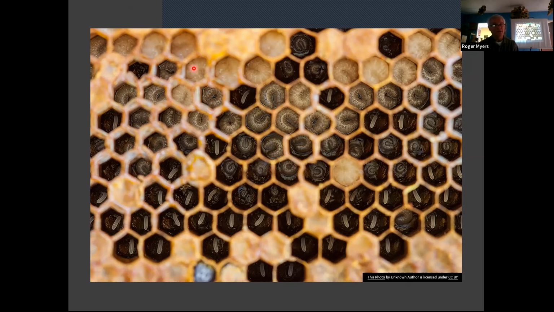Everybody always wants to find the queen. When you're a brand new beekeeper, you want to make sure that queen's still in there. Well, finding that queen in 30, 40,000 bees can be a nearly impossible job. But if I know the life cycle of the bee, it's an egg for 3 days.